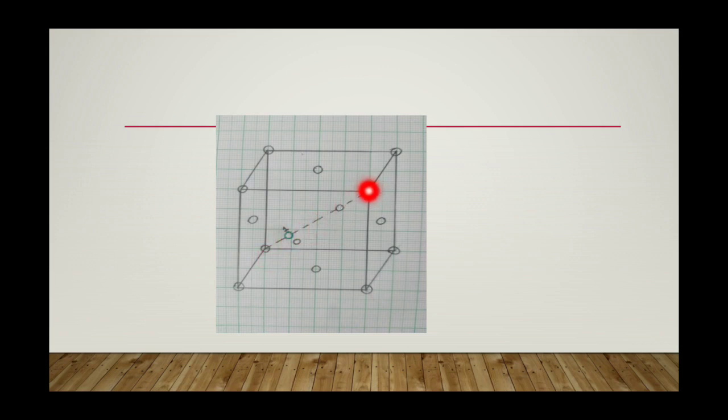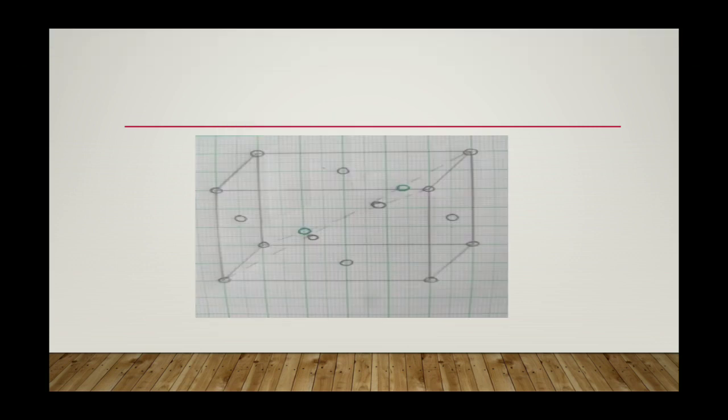Here the Miller indices are 1 1 1 and the atom is 1/4 from the bottom and 3/4 from the top. Here is located an atom at 1/4 of the total body diagonal. That point denoted as 1 is the atom. Then I go to the other corner.